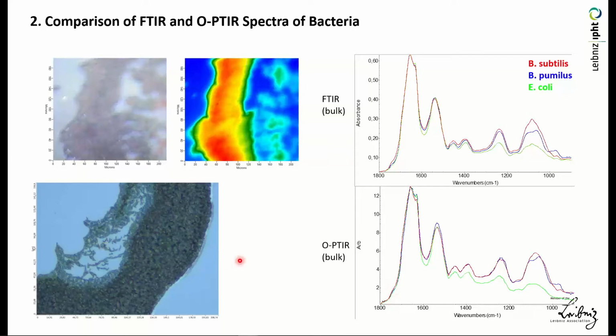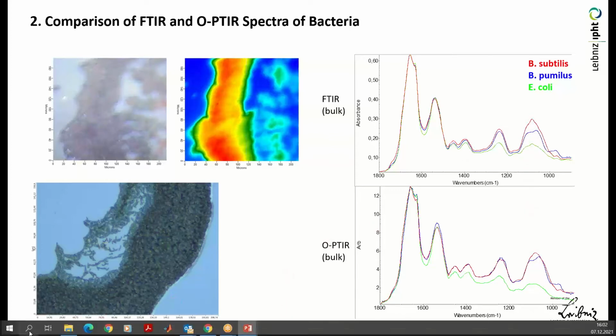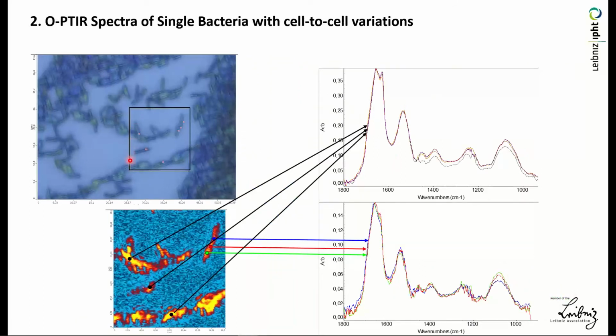The bulk spectra of the O-PTIR instrument share many similarities with the FTIR spectra. For example, here is the shoulder of the amide I band, and also here the three features in the low wavenumber range are very similar to the FTIR spectra. But the main advantage is that the O-PTIR image was collected from a couple of single bacteria, and from several positions also full spectra were collected.